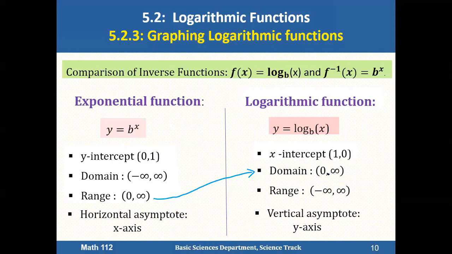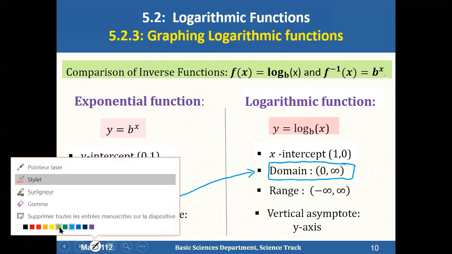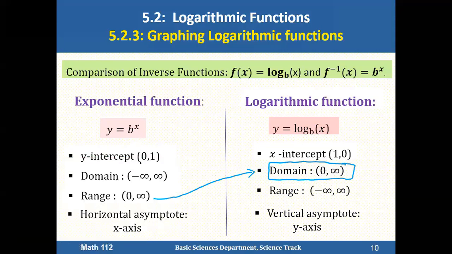So the domain of log is the open interval 0 to infinity. There is no log of negative numbers and no log of 0. The range of log is the domain of the exponential, so the range of log is R.